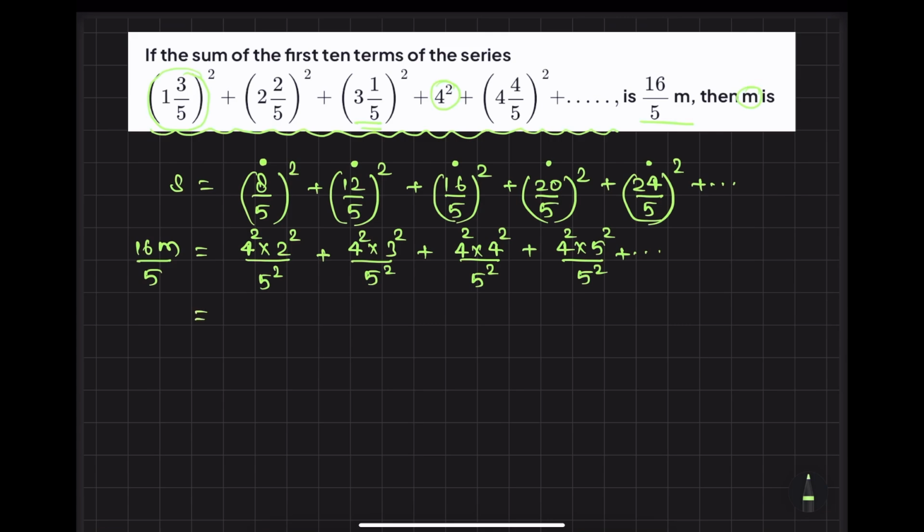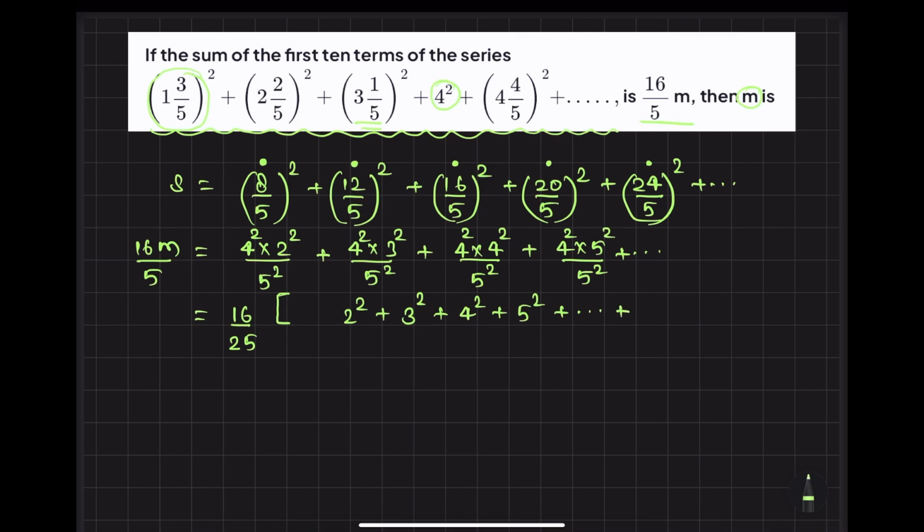And that will be taken as common. So can I take 4 square, 16, and 5 square, 25, outside? We will be left with 2 square plus 3 square plus 4 square plus 5 square, dot dot dot.